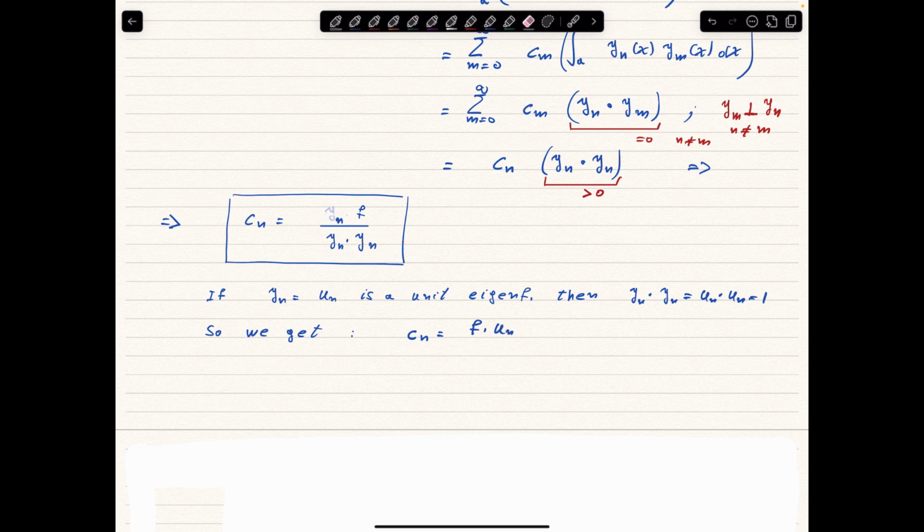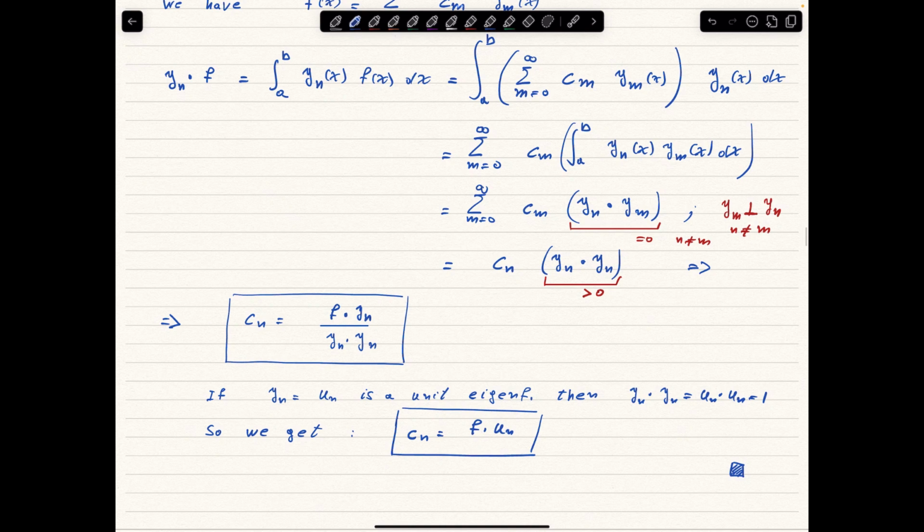The order here really doesn't matter, because of the properties of the dot product, and that's it. So this proves that the formula for the coefficients is the result of the fact that the eigenfunctions are all mutually perpendicular.